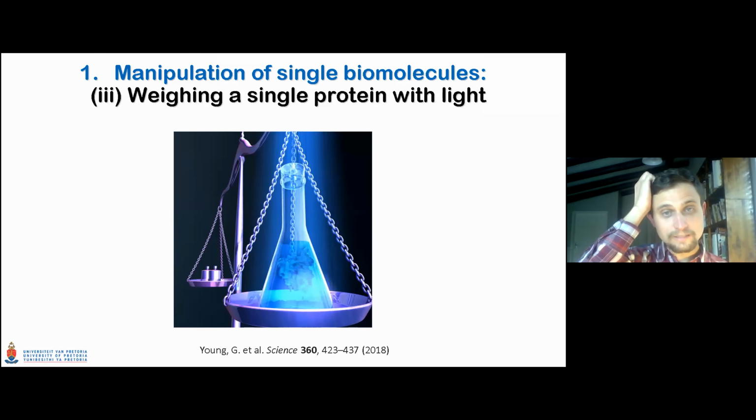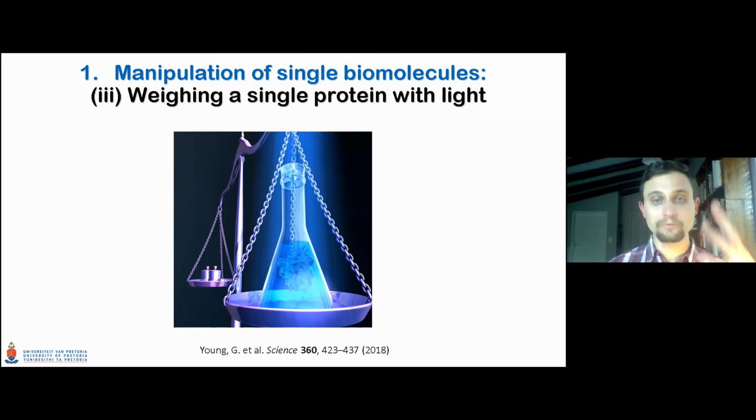Another very recent method, which I find quite cool, is that you can use light to weigh a protein, to measure the weight of the protein. How this works is that you use light that is scattered off the protein or off a nanoscale object. It's not just pure scattering, but the scattered light is then interfered with a back-reflected light.